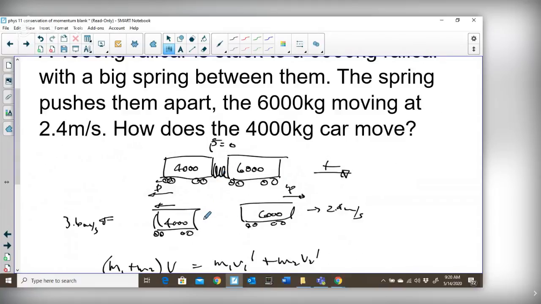After the fact, the sum of the momentum still has to be equal to 0. So here we have a positive, here we have a negative value, and these are going to be equal to each other. Momentums are equal to each other, not the masses, not the velocities. Large mass, small velocity. Small mass, higher velocity. Same momentum. Positive momentum, negative momentum.